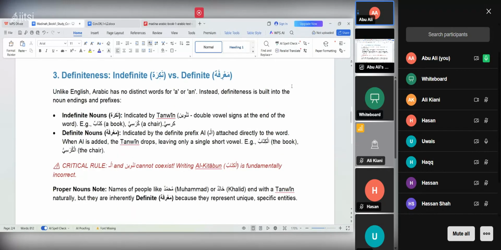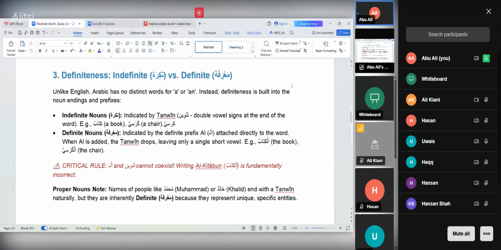Another concept is definiteness. You know how some words are indefinite, some words are definite. The same word can be definite and can be indefinite. Like an apple. In English, if I wanna mention an apple and the apple is indefinite, I would say an apple. Or a basket, which is indefinite.